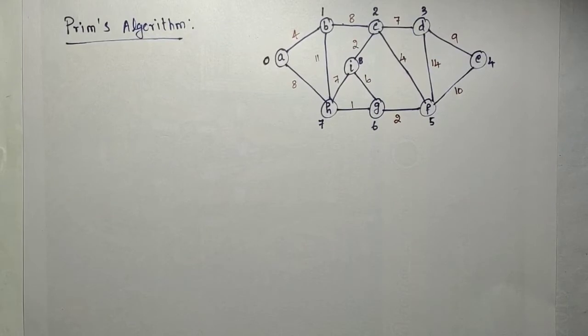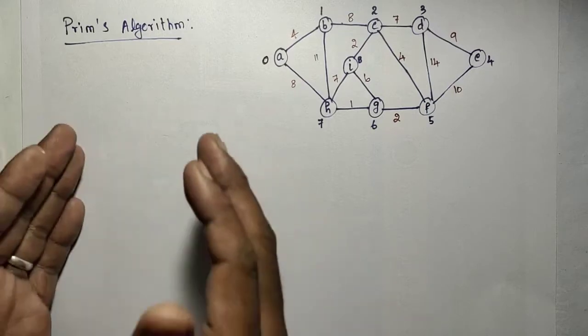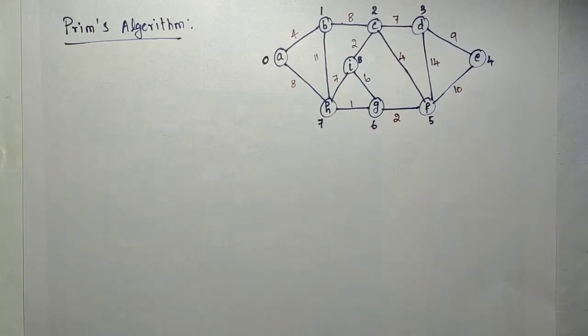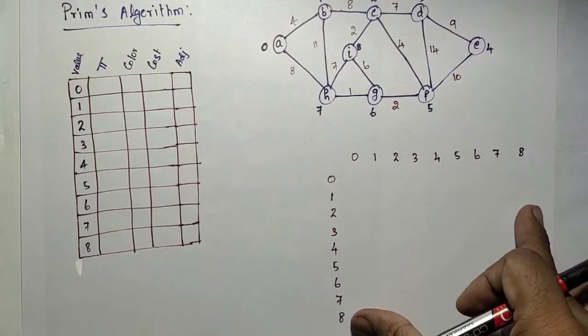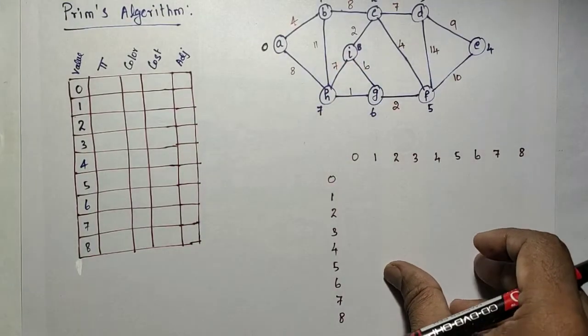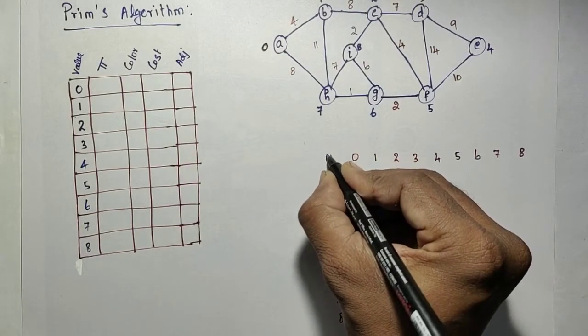For Prim's, we need to represent the graph as an adjacency list, as well as the corresponding weight matrix or cost matrix. We need both the graph as a list representation and the corresponding weight matrix. The cost matrix is a 9 by 9 matrix, since the number of vertices is 9. The matrix is W, the weight matrix or cost matrix.